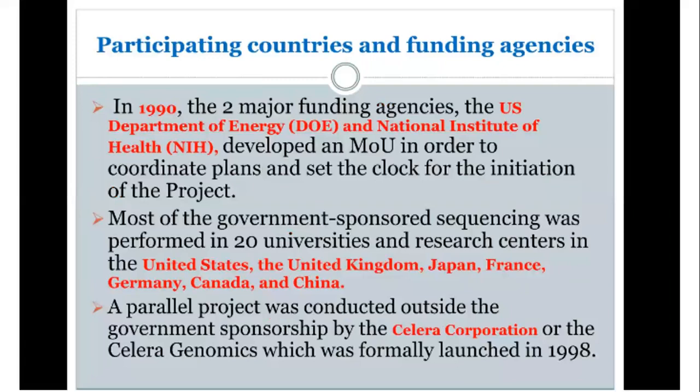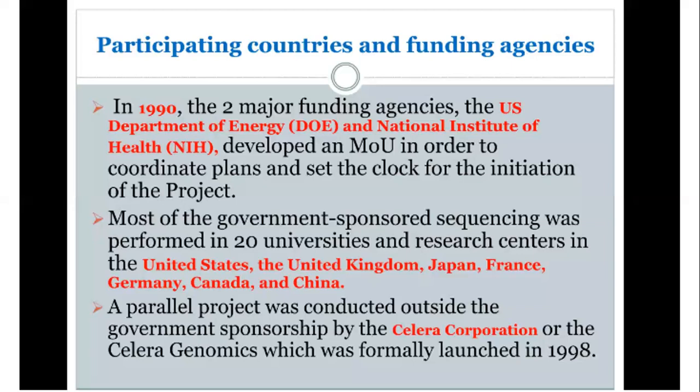There are different agencies that participated in the Human Genome Project. As we have discussed, it is the world's largest collaborative biological project. In 1990, when it was formally launched, two major funding agencies contributed to completing it. Maybe without the help of these agencies, the scientists would have been unable to complete this project.